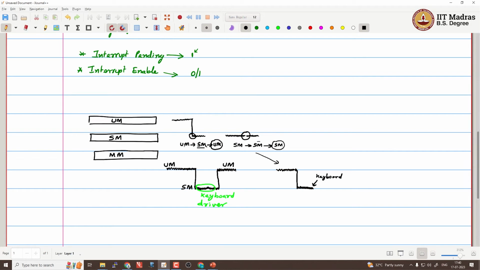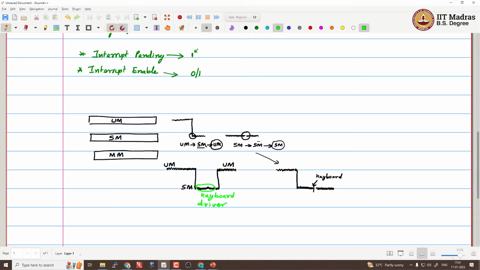Okay, now this is also an event, right, and needs to be serviced immediately. So the CPU suspends what it was doing right now and goes and actually executes the keyboard device driver to read the contents, read the key that was pressed in the keyboard, right?